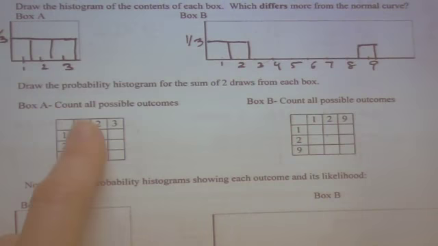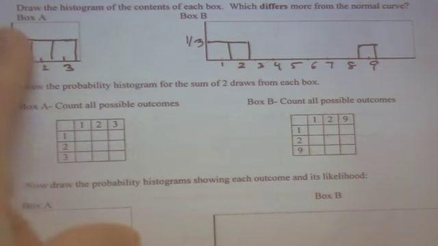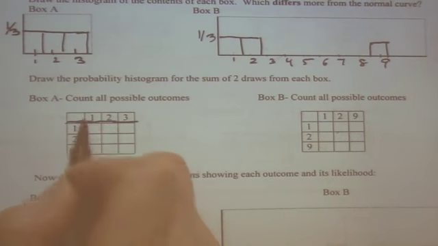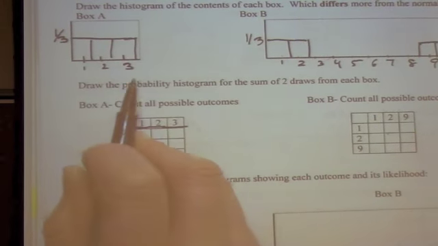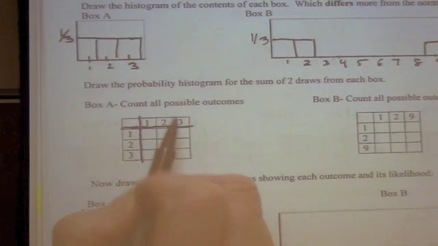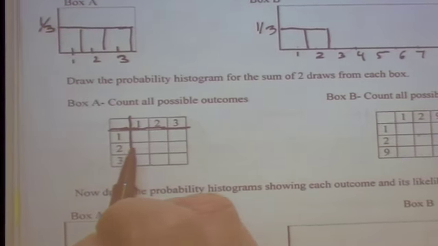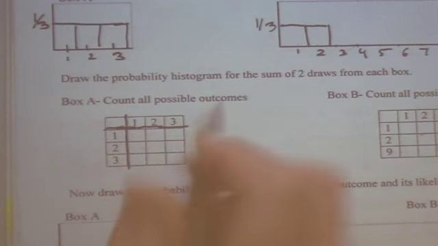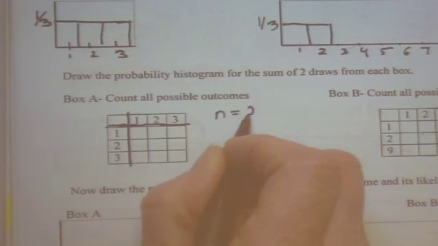So if we drew twice from this box, it's a table again, just like we did before. Let's say this is our first draw. Let's say we've got a 1, 2, 3, then we replace it, and we can get a 1, 2, 3 next time. So there's 9 possibilities. This is n equals 2.